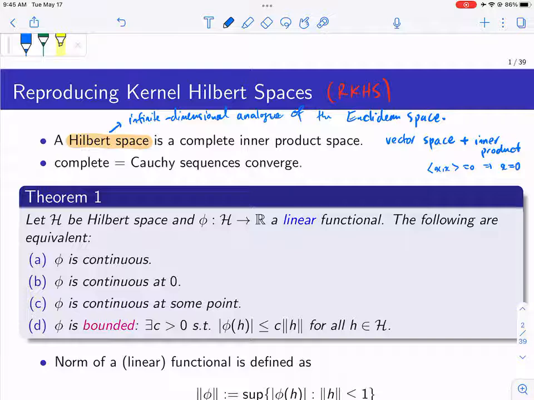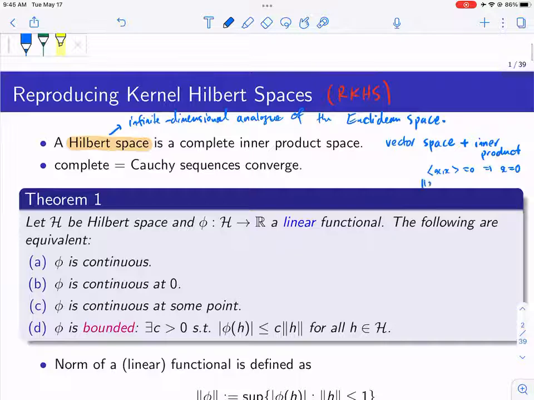Based on the inner product, you can define a norm, which is the square root of the inner product of X with itself. And so it's also a normed space. A Hilbert space is an inner product space, a vector space plus an inner product, which is complete with respect to this norm.